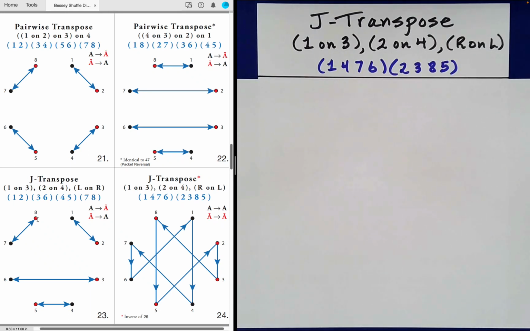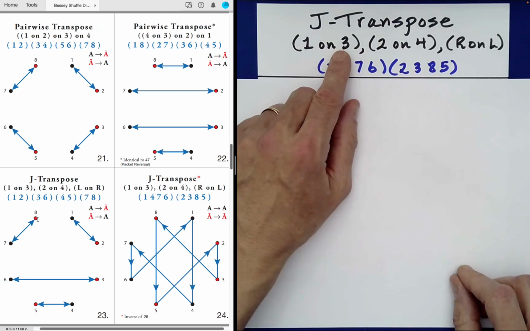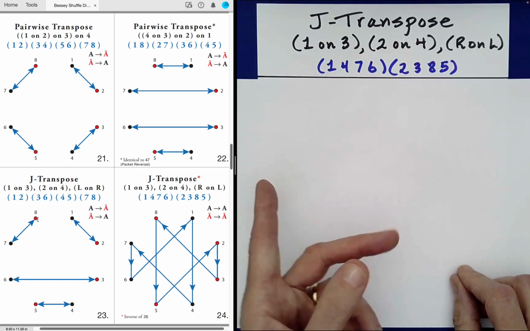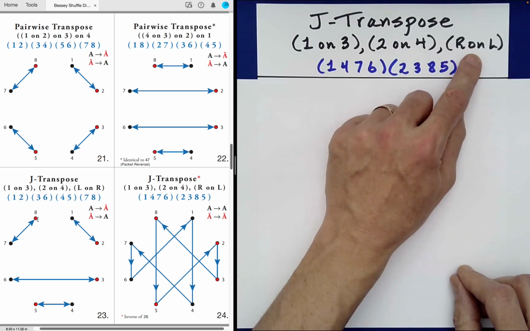Our last shuffle for today is also a judicious transpose, but this time the stacking will be pile 1 on top of pile 3, pile 2 on top of pile 4. Now that's the same as the previous shuffle, but this time we'll stack the right pile on top of the left.